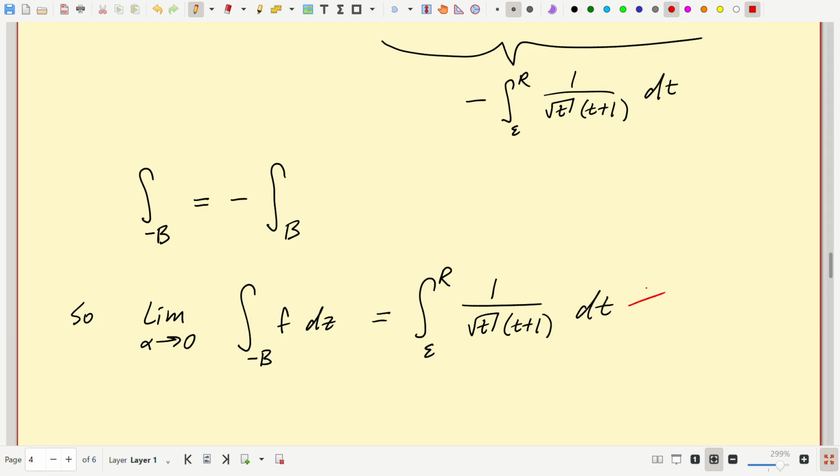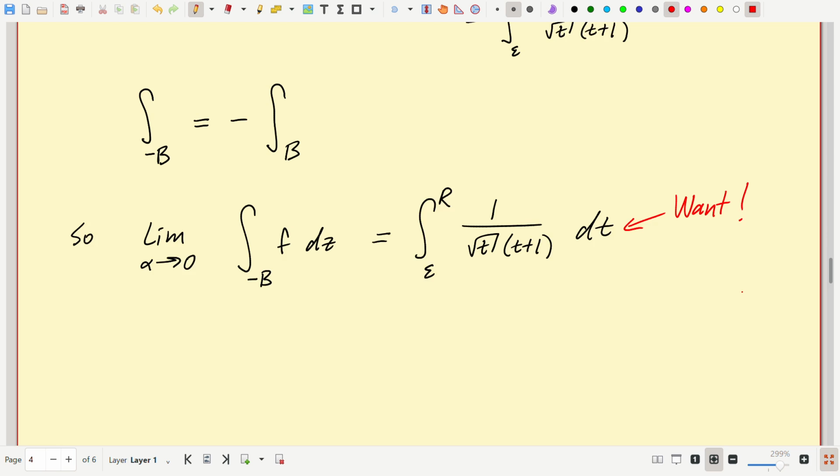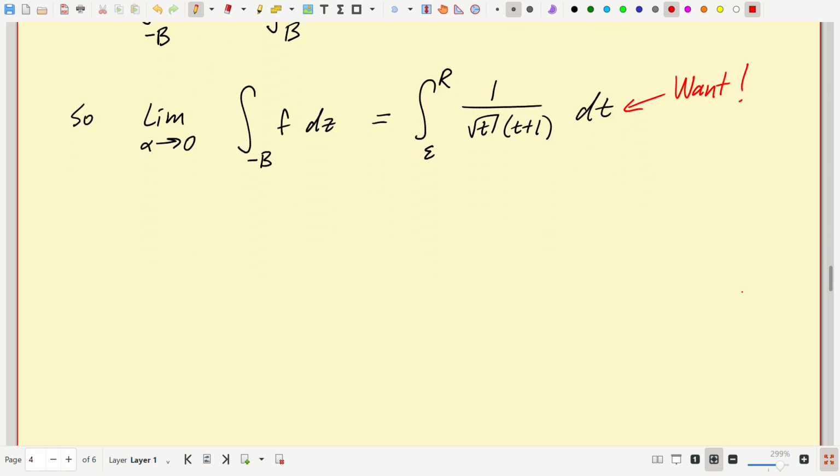And fortunately, it doesn't cancel. It would be a real bummer if that canceled the first thing I wanted. That would mean I made some bad choices. Okay, so now I'm done. I can put it all together. But yeah, I have to be a little bit clever here. So finally, it's important what order I do this in.